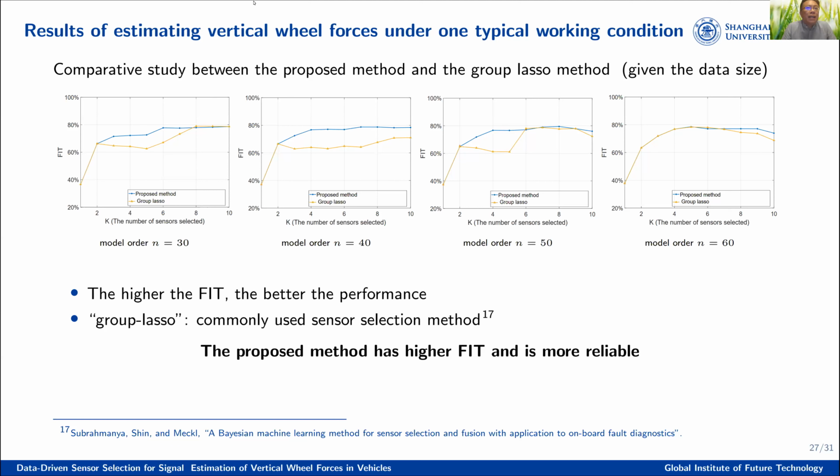And even with that, we notice that compared to group lasso, our method also has a better fit value. So in this case, we try to demonstrate the proposed method has a higher fit and is more reliable than the group lasso at least.